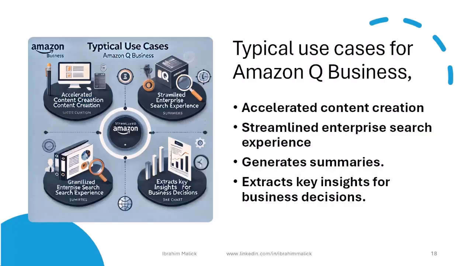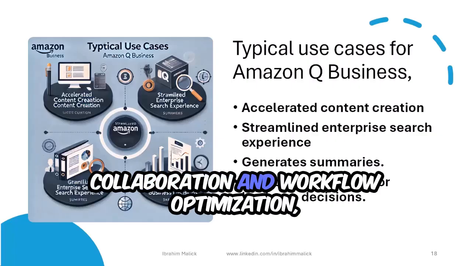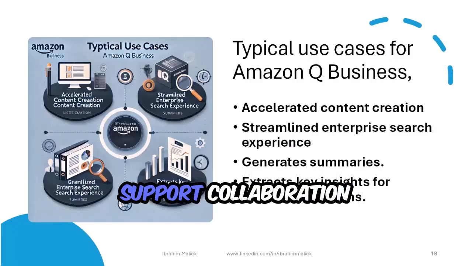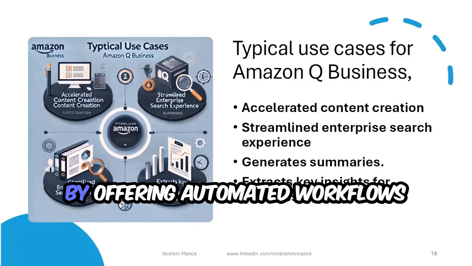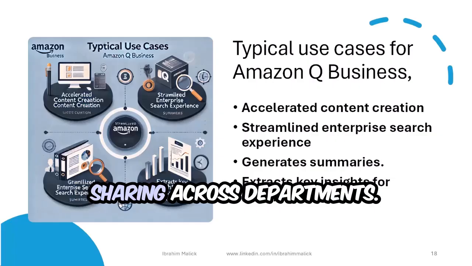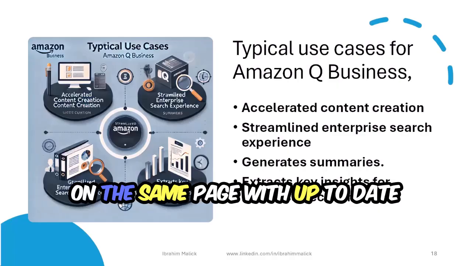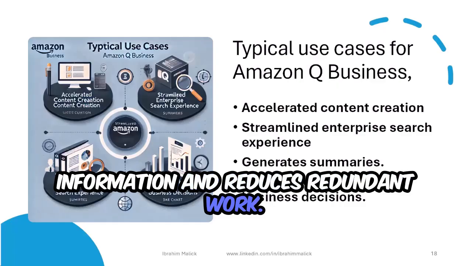Okay. So with that, enhanced collaboration and workflow optimization, right? So Amazon Q Business can support collaboration by offering automated workflows for document approvals, content reviews, and knowledge sharing across departments. This ensures everyone stays on the same page with up-to-date information and reduces redundant work, right?